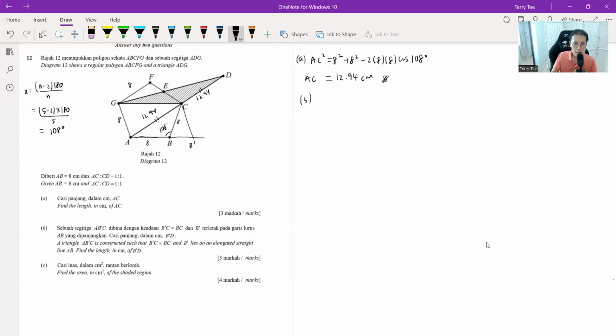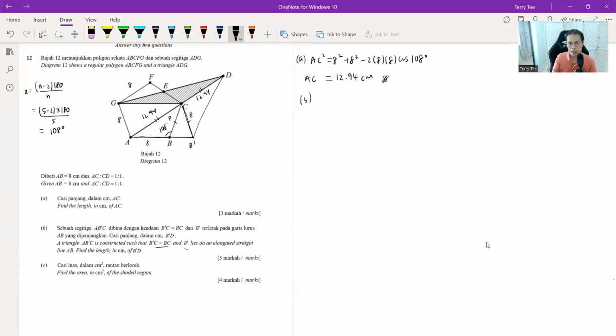Let me just extend like this. Okay, it's over here. These two must be equal length. You're supposed to find the length of B prime D, which is over here.